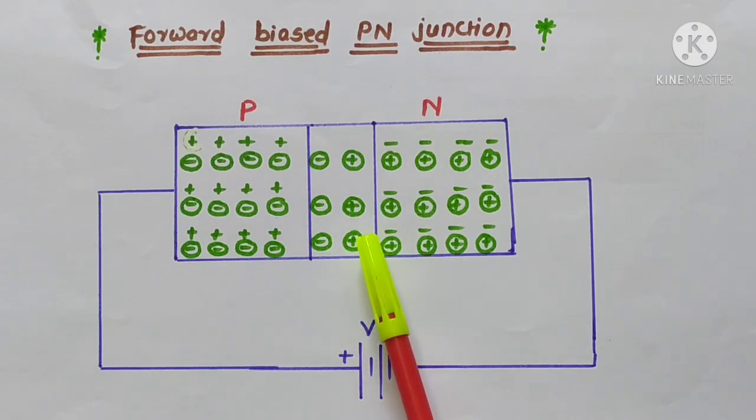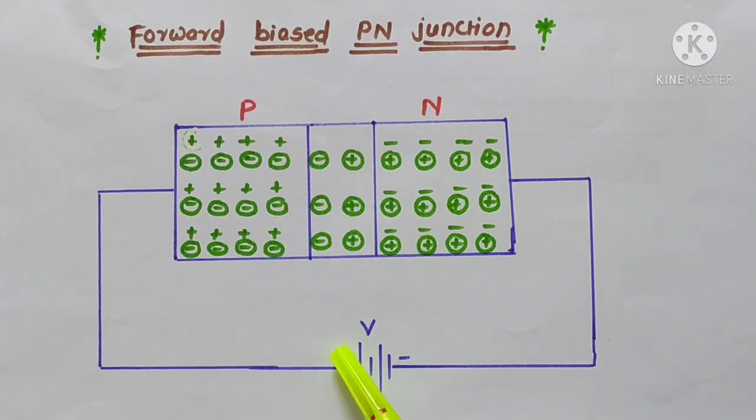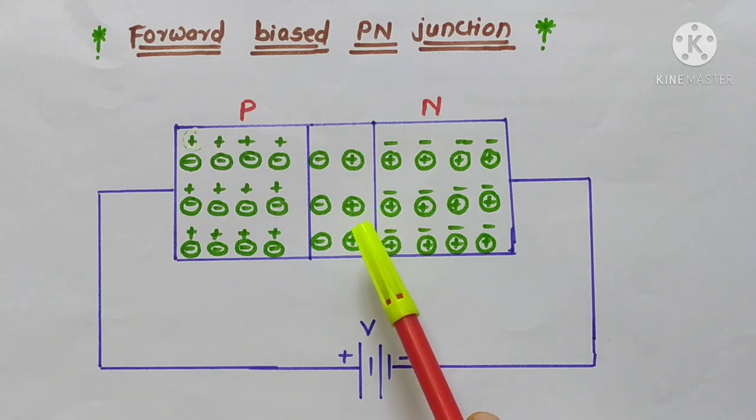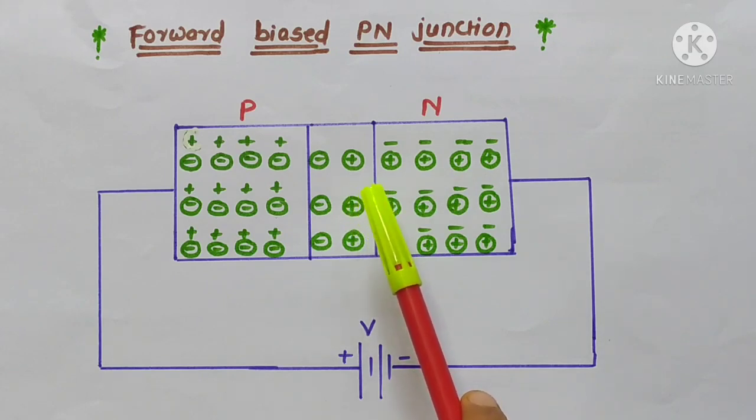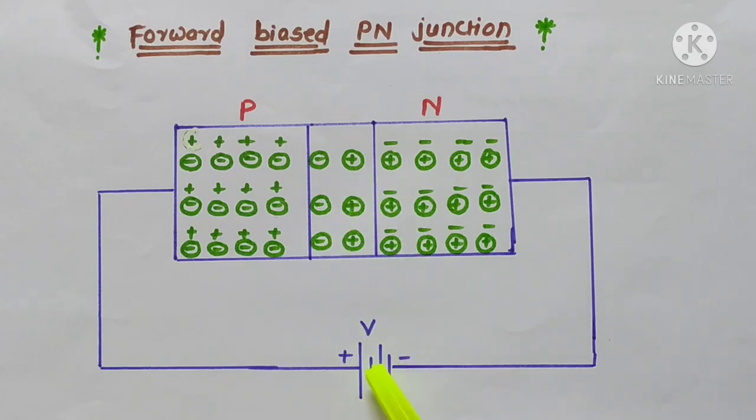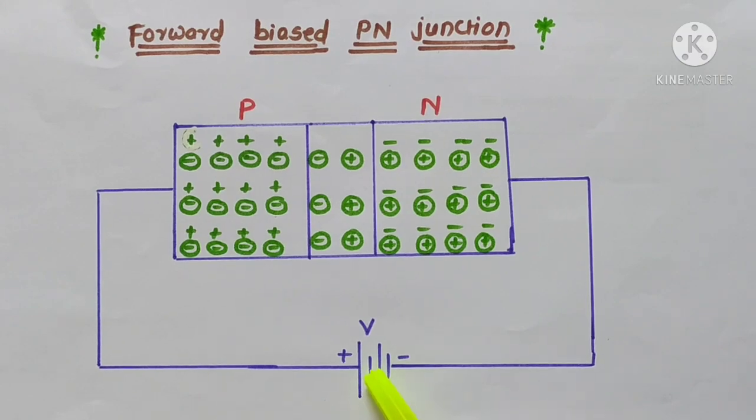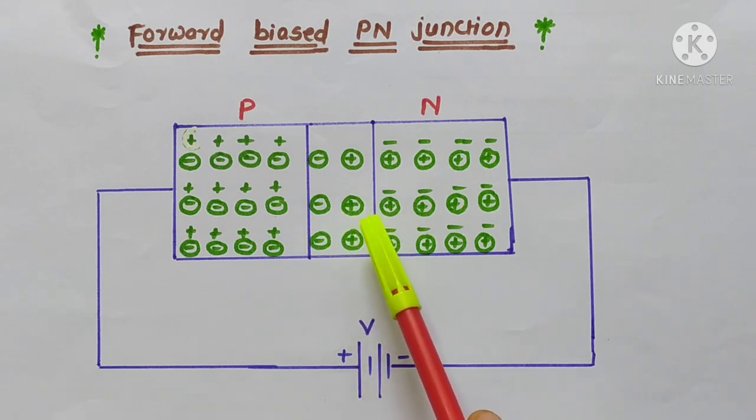And we know that if there is a reduction in the resistance in this built-in electric field, and you further increase the external voltage, then the width of the depletion region will further reduce. And when the applied voltage is more than the barrier potential of this p-n junction, the resistance offered by this depletion region is negligible.